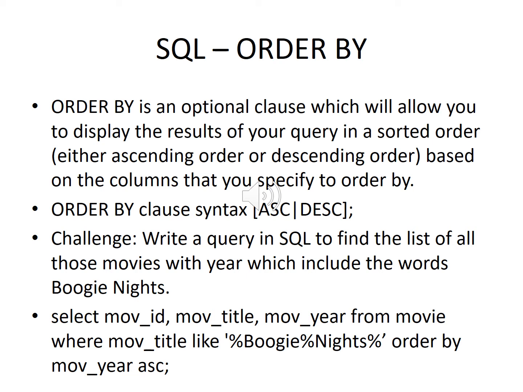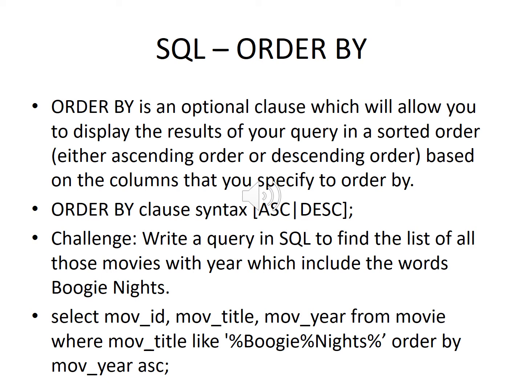All right. So now let's look in the quotes. We listed two words, Boogie Nights, and they have percentage signs around them. Percentages are actually wildcards that will let us specify a text pattern, where we need to select the words Boogie Nights regardless of whether there's anything before, between, or after them.